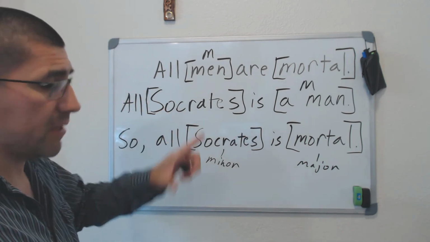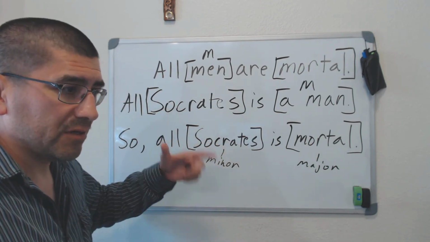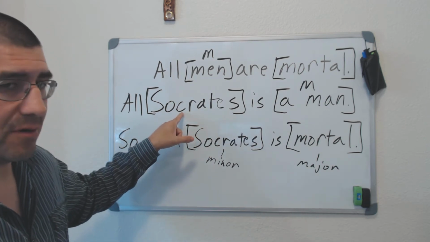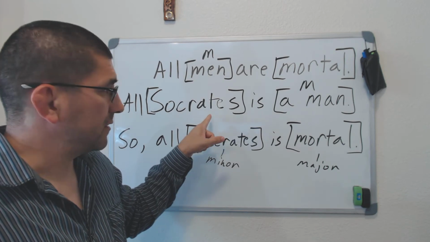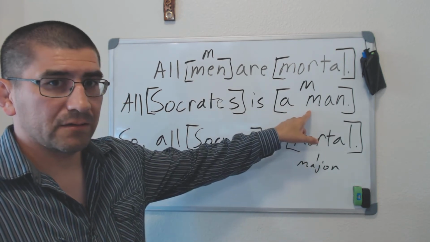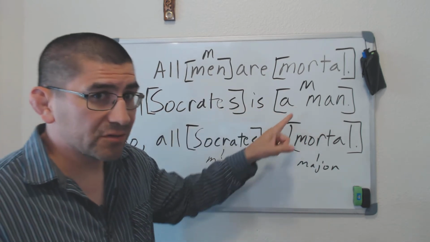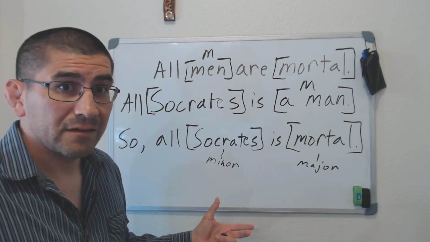Okay, but I'm just going to show you this to let you know what it looks like when it's not distributed. Look at this proposition right here, this A proposition. Where is the middle term? Here. It's right here. All right, this is the middle term. Now, in this A proposition, is the middle term distributed? No, it's not.